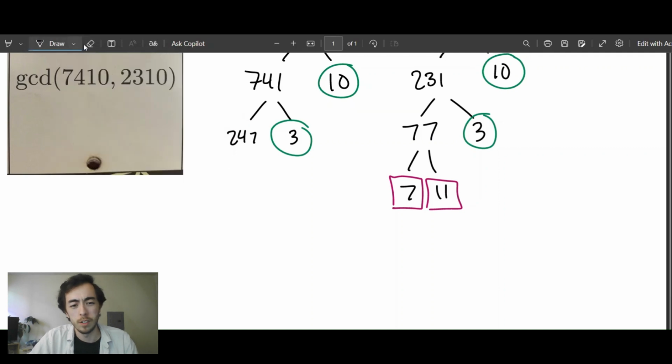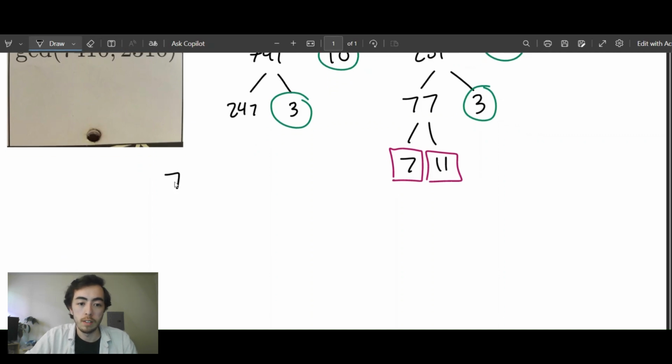Let's see if we can factor 247. If I add up the digits, I get 2 plus 4 plus 7, and that gives me 13. And so this is not divisible by 3. It's not divisible by 5 because it does not end in a 0 or a 5. I should show that it's not divisible by 7. I do know that 7 goes into 49.